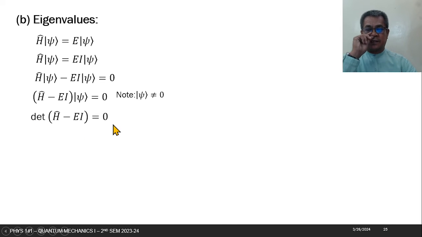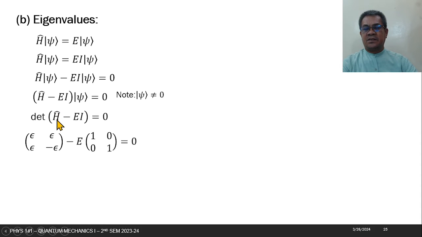So we call this the characteristic function equation. So this expression should be 0 to satisfy this condition, but remember this is not equal to 0. So in other words, we will evaluate the determinant of this matrix, the Hamiltonian minus the energy times the identity operator. So let's do it.